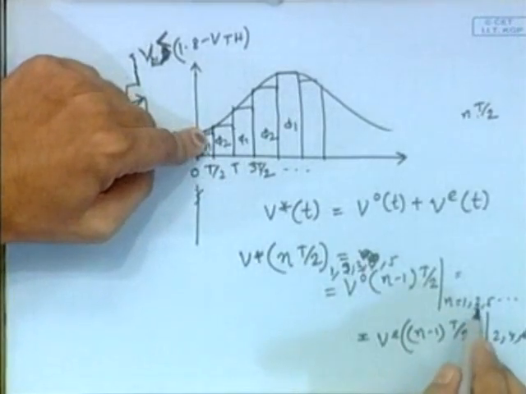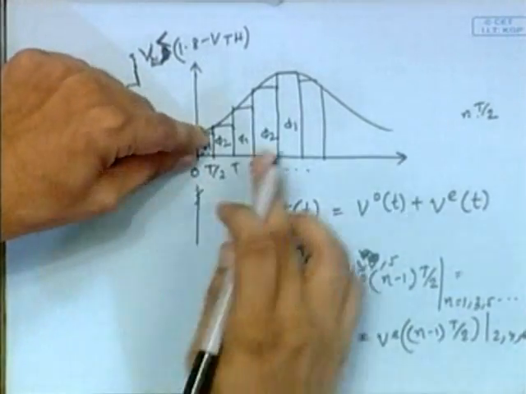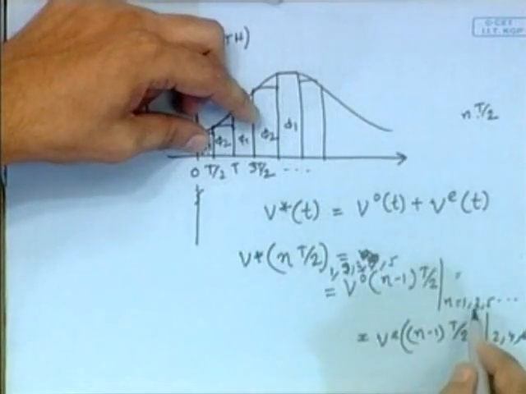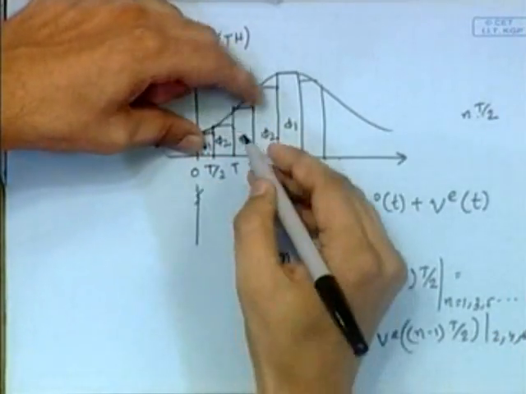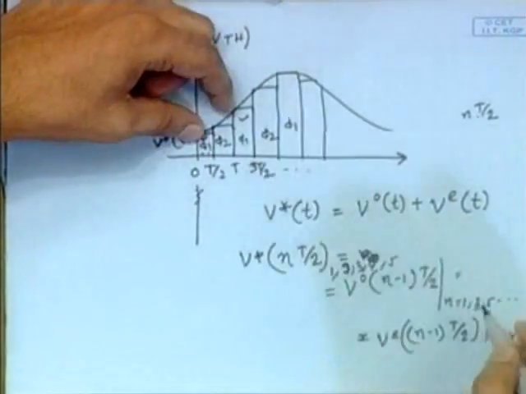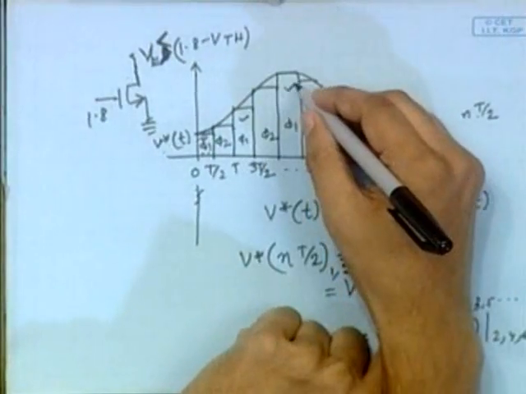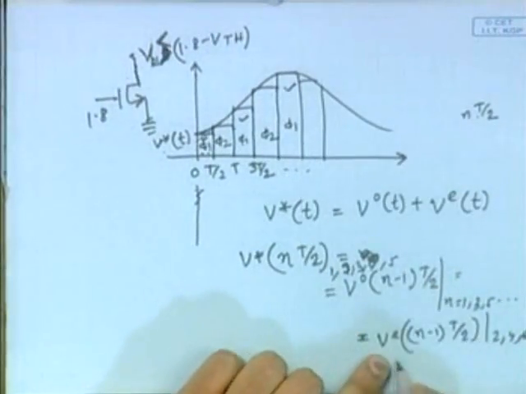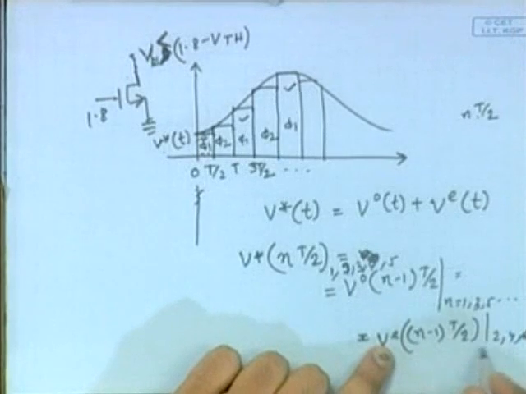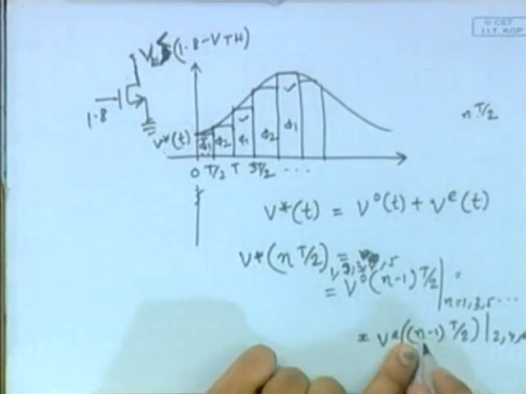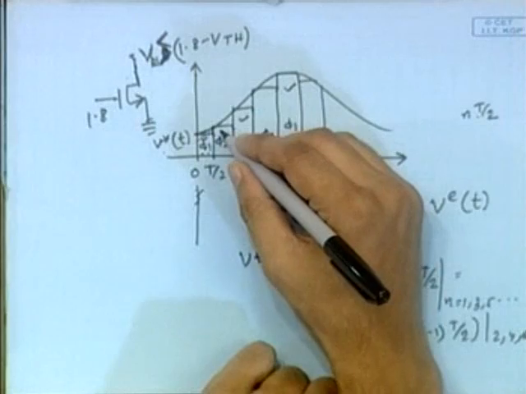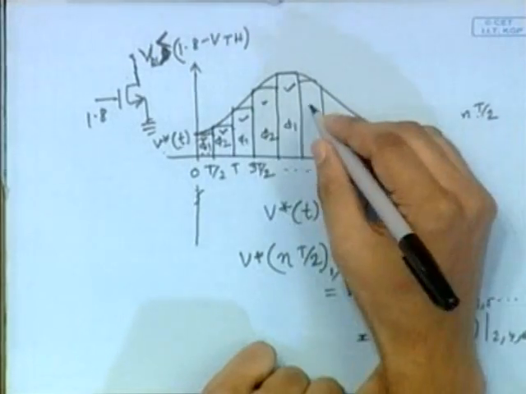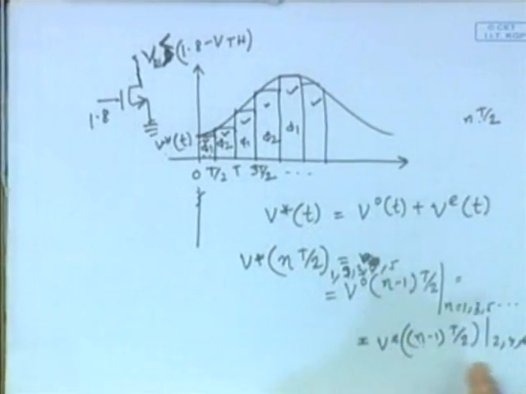Then for n equal to 3, we get the second sample. Then n equal to 5, we get this sample. And for the even function, for n equal to 2, 2 minus 1 means 1, so we get the first sample, then this one, then this sample. Like this you can write it.